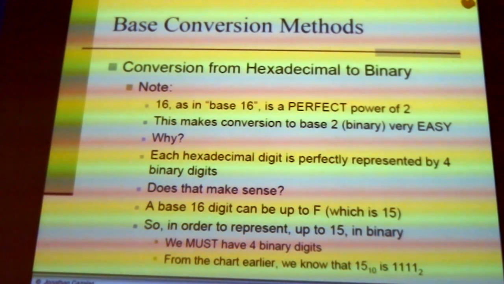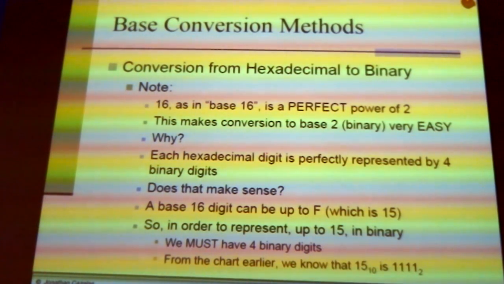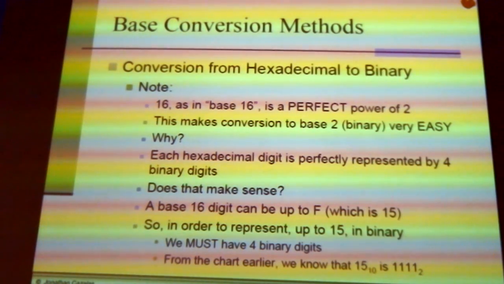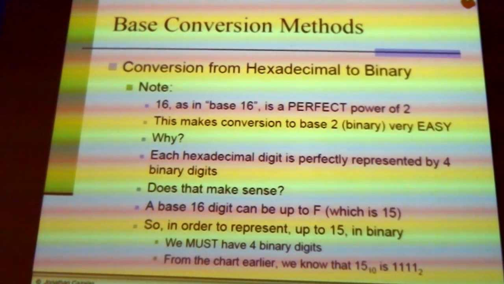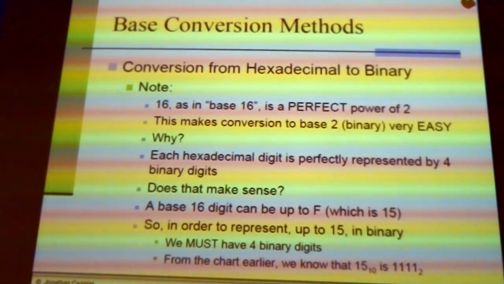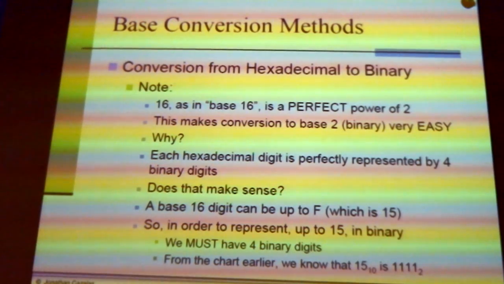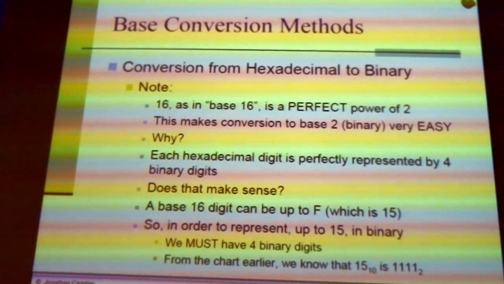Here we go up to the value of foxtrot, which represents 15. If you wanted to represent that in binary, it's 4 digits, a 4-bit block. We have that chart, and I'll show you a couple of slides back. The value of 15 in decimal is actually all 4 bits being set in binary. Does that make sense?